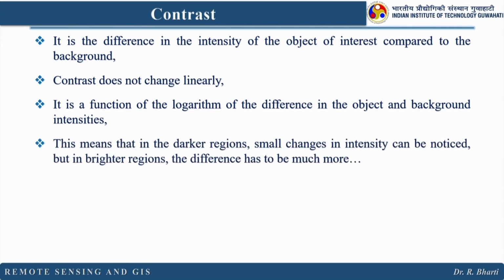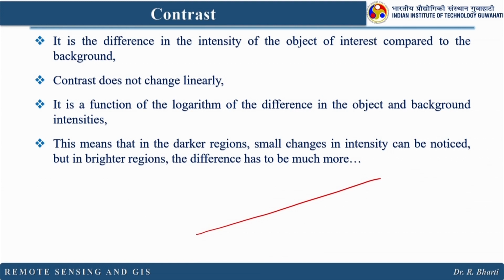This means that in the darker region, small changes in intensity can be noticed, but in the brighter region, the difference has to be much more, right? Because if you just imagine this particular slide is empty, there is nothing written here, and then if you draw a line, you can easily see this line.